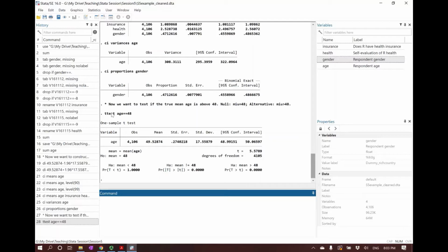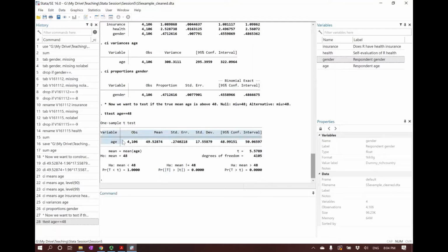Okay, so first of all, even though you're performing a hypothesis test, Stata will still report several important summary statistics for you, including the 95% confidence interval. So it gives you the observations, the sample mean, the sample standard deviation, and the sample standard error, which is the sample standard deviation divided by the square root of n.